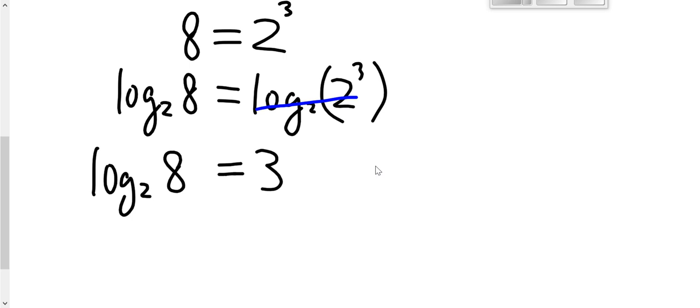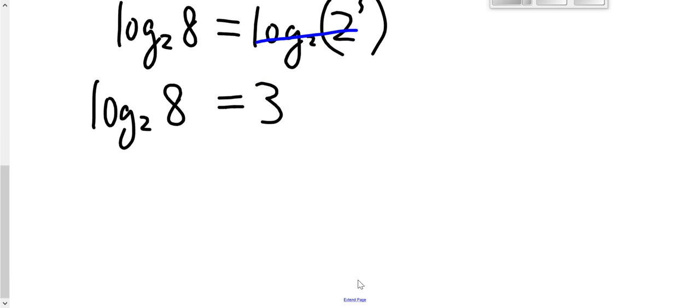Now, the last example I want to do before I get back to your notes is this. So let's do something like this. Log base 3 of 3 raised to the power 4. What would the answer be?